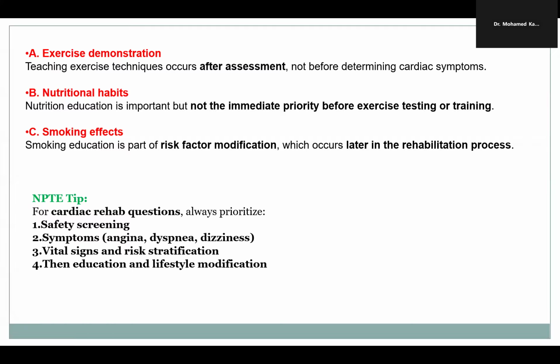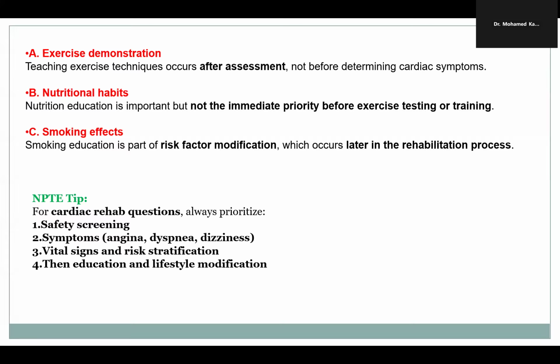Either we refer the patient to support groups or do whatever we can to teach or direct the patient. But again, this is part of the rehabilitation process because we know that cardiopulmonary rehabilitation is not only exercise. Exercise is the main part we do as physical therapists, but we have nutrition, smoking, sedentary lifestyle, functional activities, a lot of stuff we are doing.